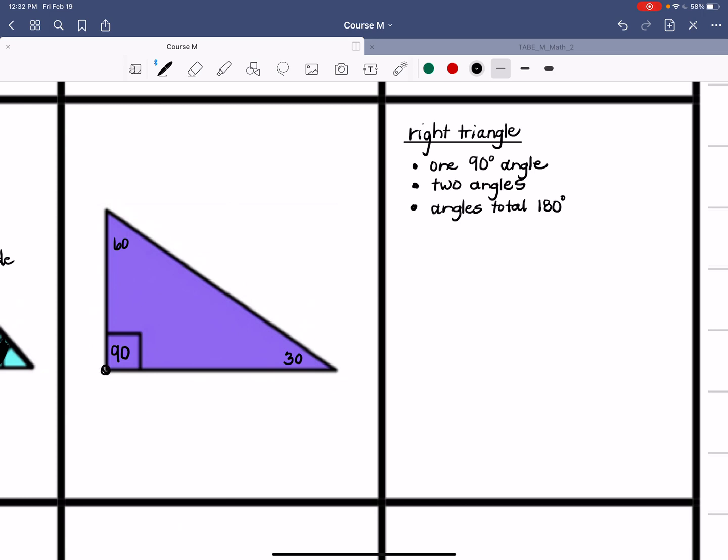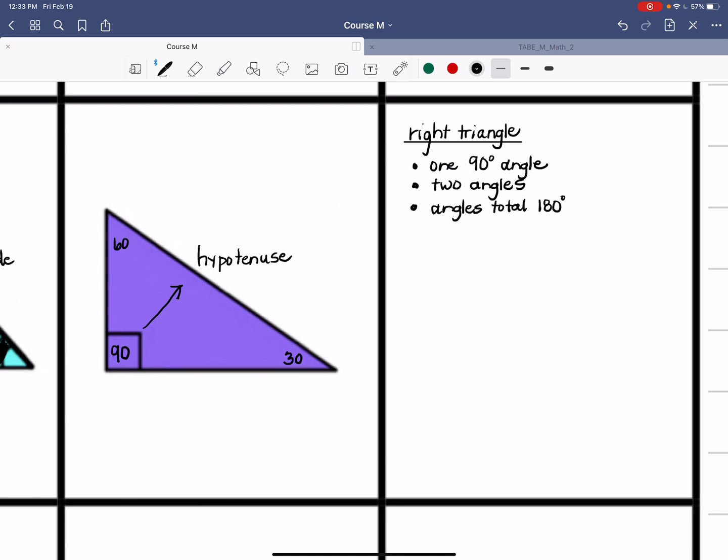The right angle is right there at that vertex. If you look across from that right angle, so you look this way, this line is called the hypotenuse. And that's going to become important in the next lesson.